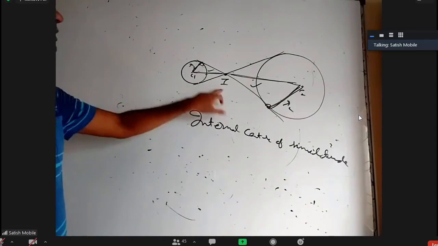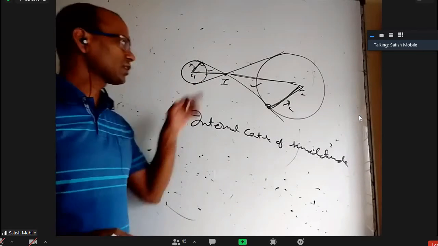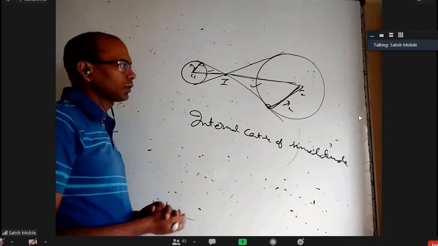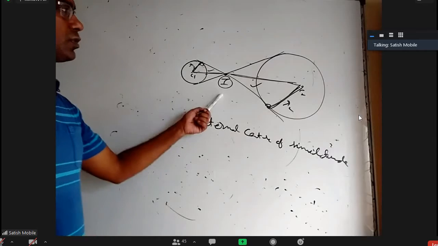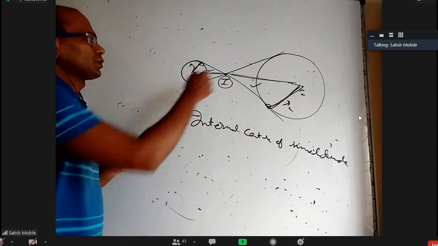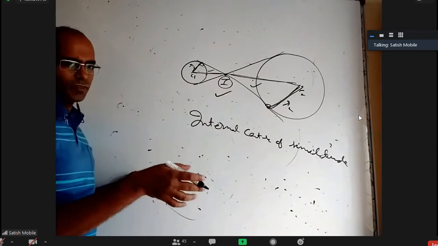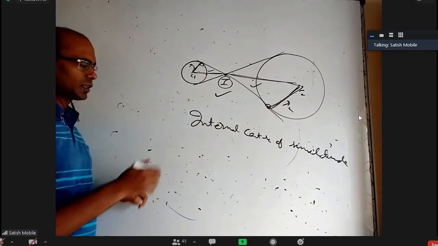So I divides C1 and C2 internally in the ratio R1 is to R2. That's why it's called the internal center of similitude, and that's how we can find I. Now, once you know I, how to find the two tangents? After finding I by using the section formula internally, you can forget about one of the circles. You don't need both circles now.